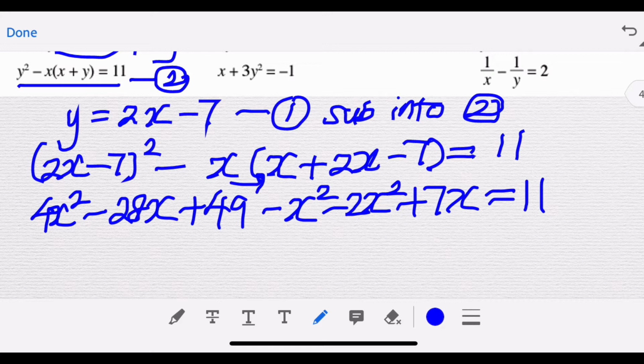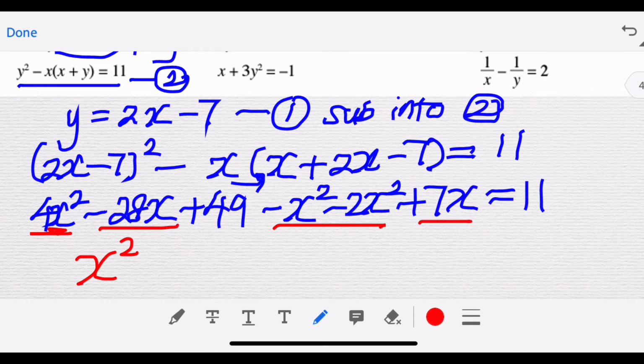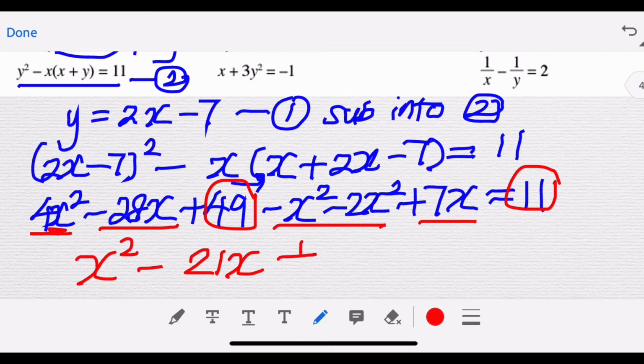Now we observe the like terms. For x squared, we have 4 minus 3, so only 1x squared left. Then we have negative 28 plus 7, so it will be negative 21x. And 49 minus 11 is positive 38.